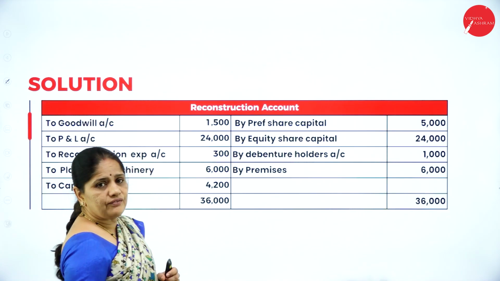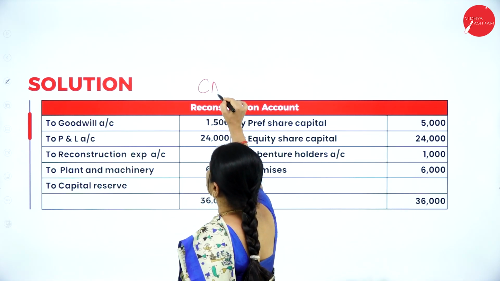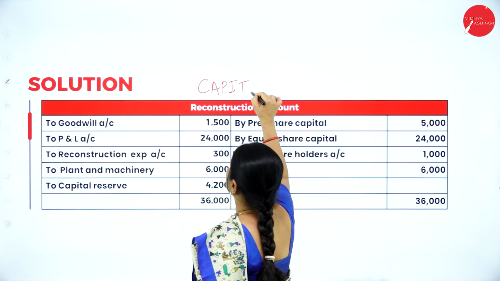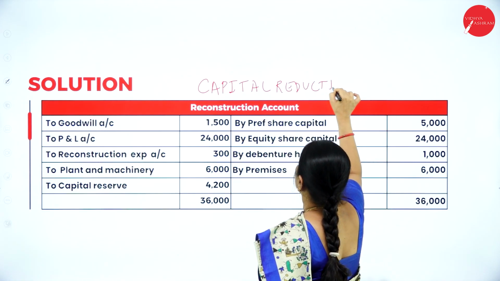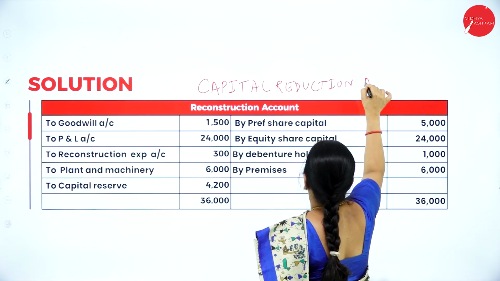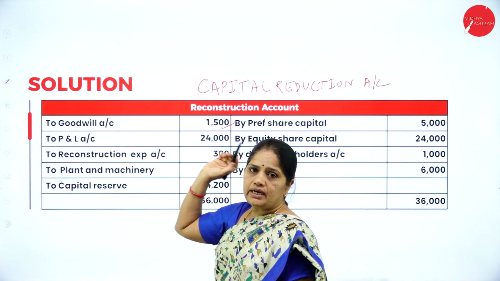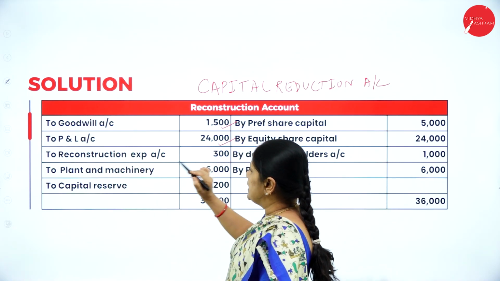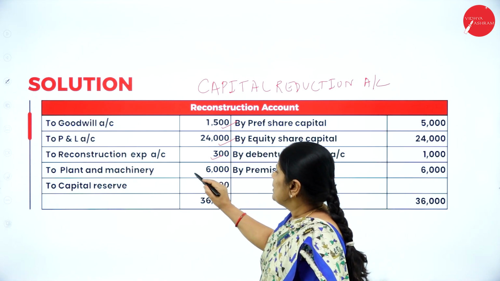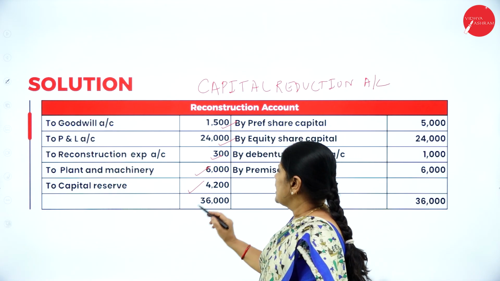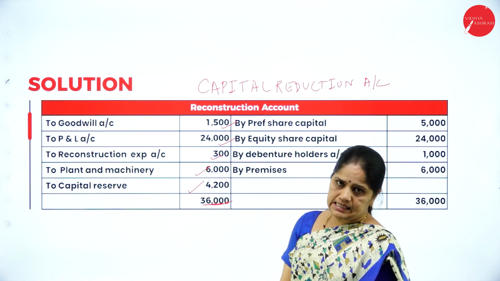Now, next we have the reconstruction account, or you can also call it the capital reduction account. To goodwill 1,500, to profit and loss account 24,000, to reconstruction expenses 300, to machinery account 6,000, to capital reserve 4,200, total is 36,000.